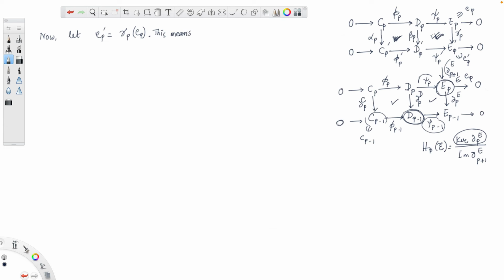This will give us gamma_p^* acting on the class of e_p to be equal to the class of gamma_p(e_p), and we know that gamma_p(e_p) is equal to e_p', so it's equal to the class of e_p'. So we need to show that this, where is that? Okay, I think I need to draw that diagram again.